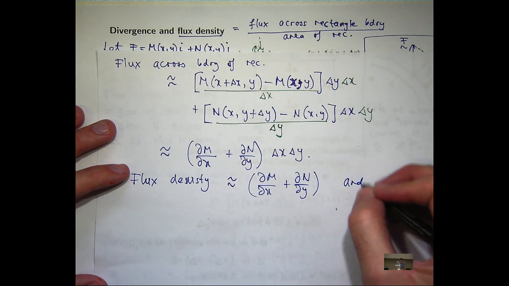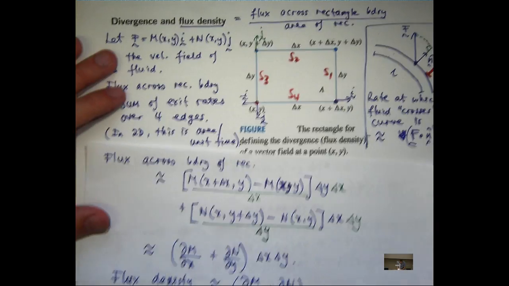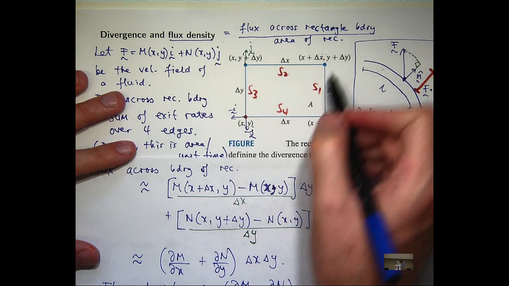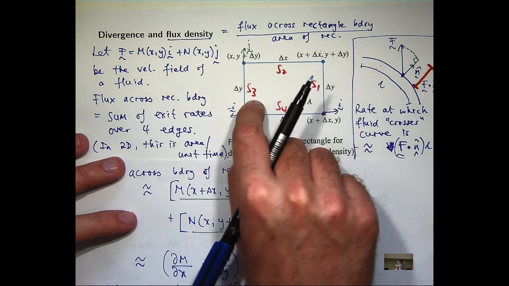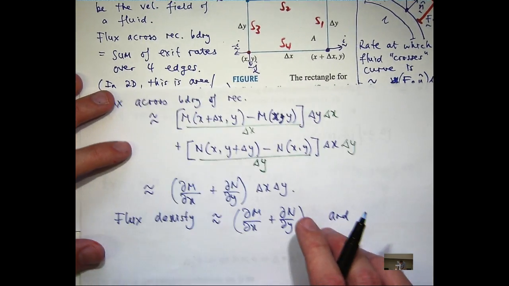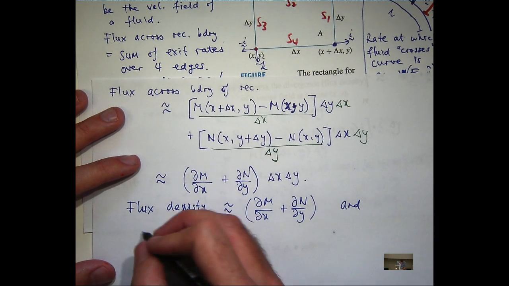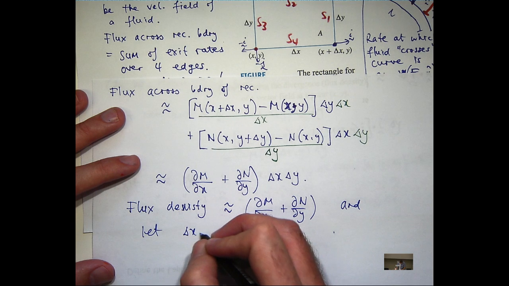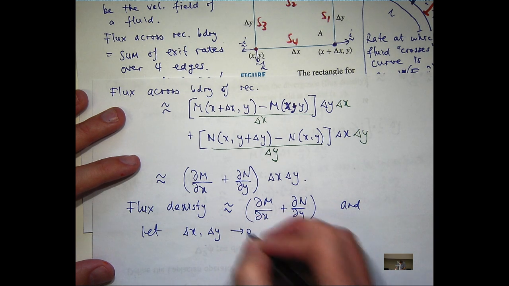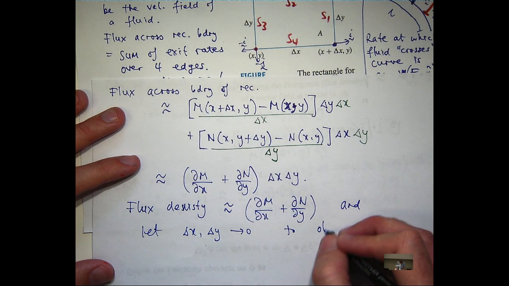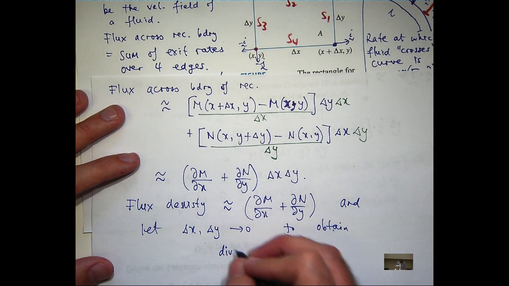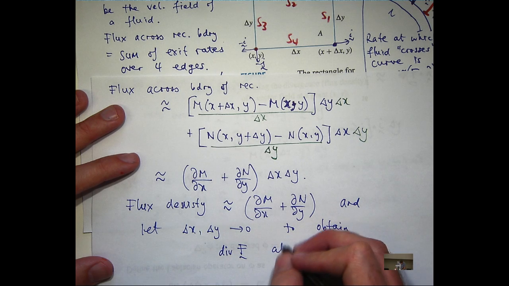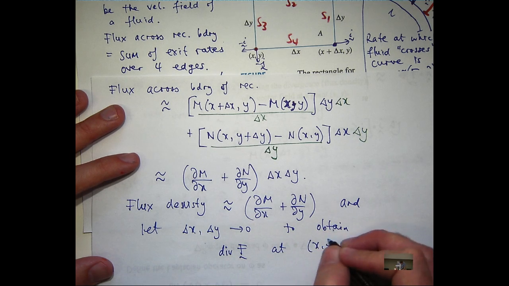And what we do is we essentially let delta x and delta y go to 0. So I shrink the rectangle down towards this point. So this is just the divergence of f at the point of interest.